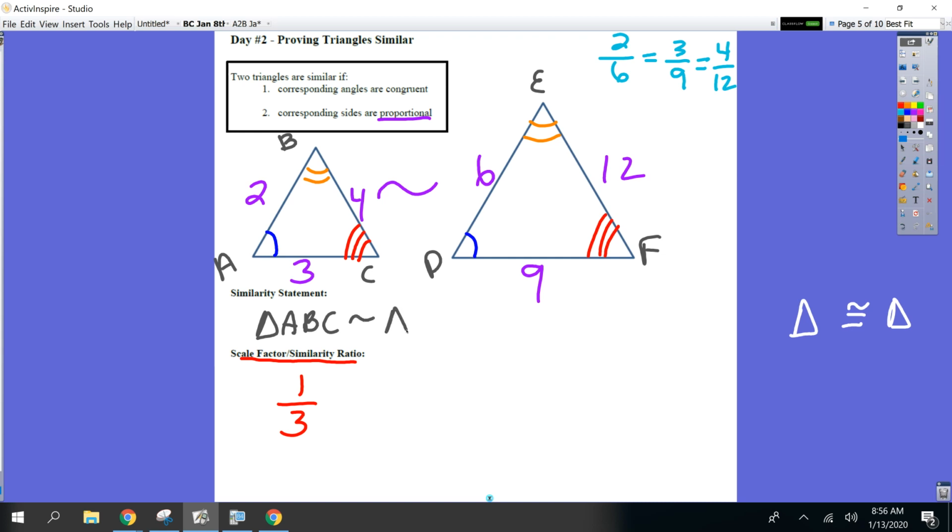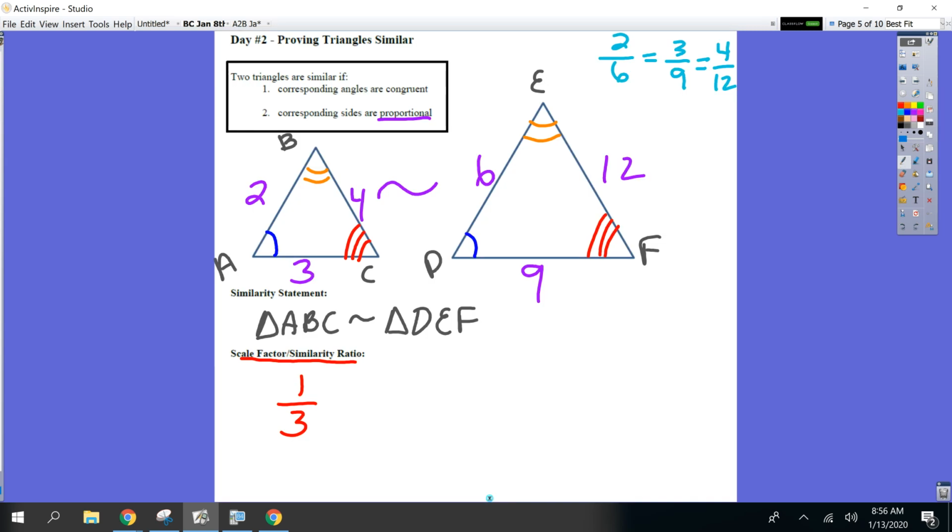And yes, the sides and the angles still need to be in the same order. Corresponding order. Triangle ABC, similar to triangle DEF. Okay? Questions from you guys? If two triangles are similar, that's the deal. And again, scale factor, similarity ratio, that's the ratio their sides are in.